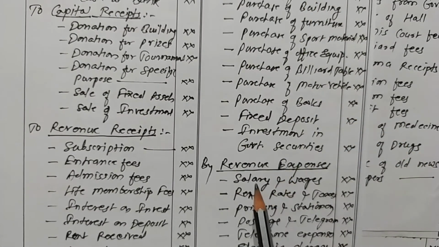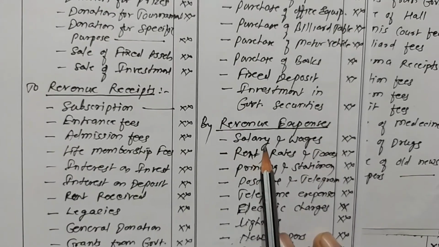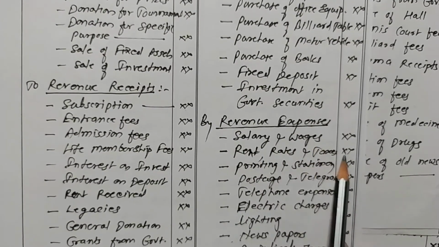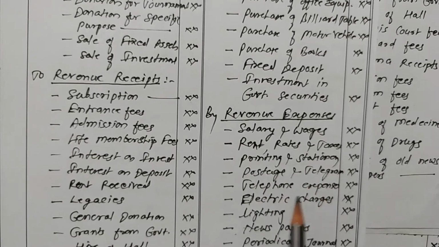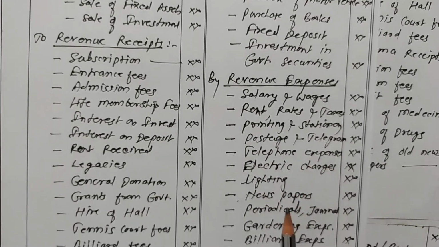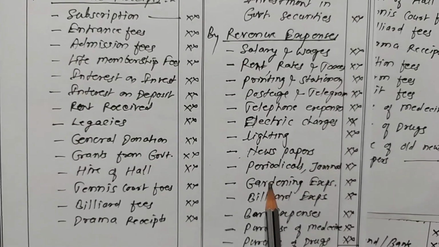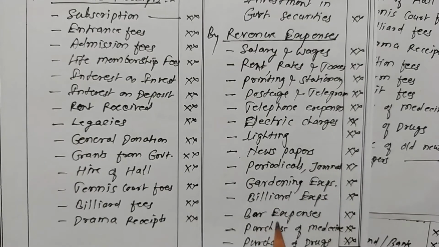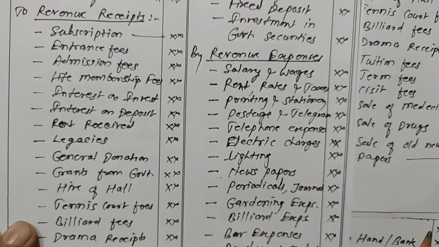The payment side includes revenue expenses, just like salary and wages, rent, rates, taxes, printing, stationery, postage, telephone, electric charges, lighting, newspapers, periodicals, gardening expenses, billiard expenses, bar expenses, purchase of medicine, purchase of drugs.